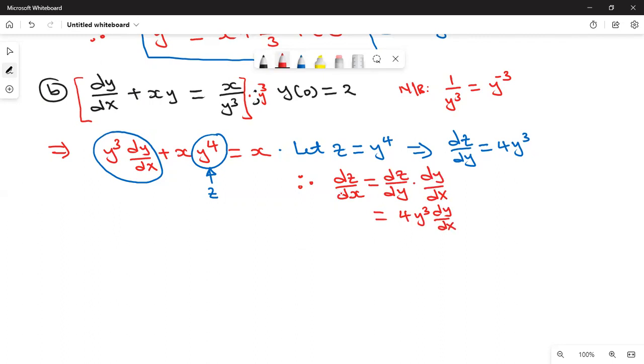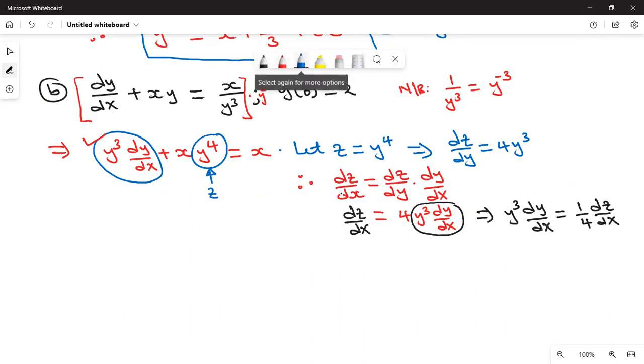Now look at our equation. The first term is y cubed times dy dx. We can get it from here now. Make this the subject. Remember here we have dz dx, so I have to divide by 4. So this means that where we have y cubed dy dx, that's the same as 1 over 4 dz dx. So that's a substitution that we need to make.